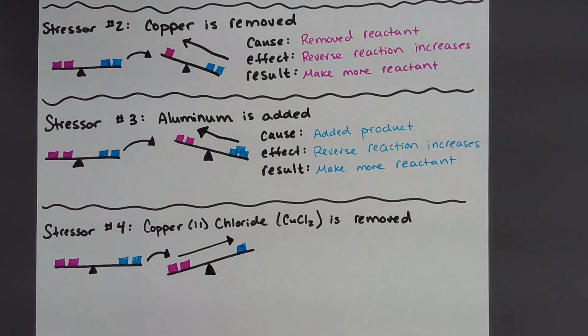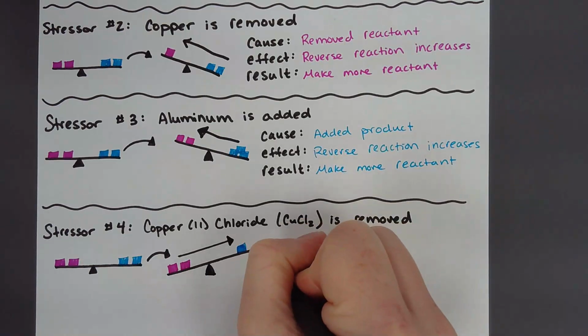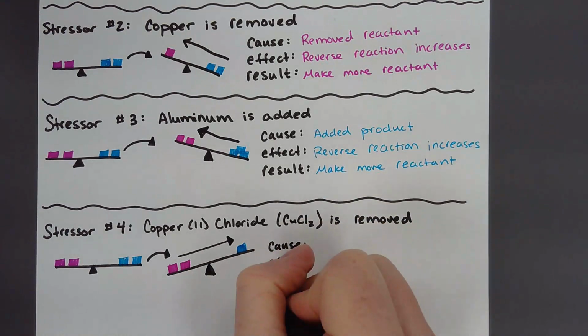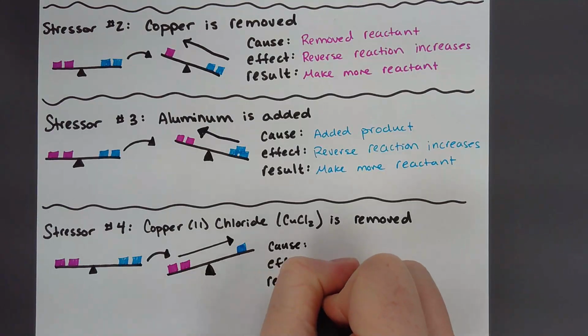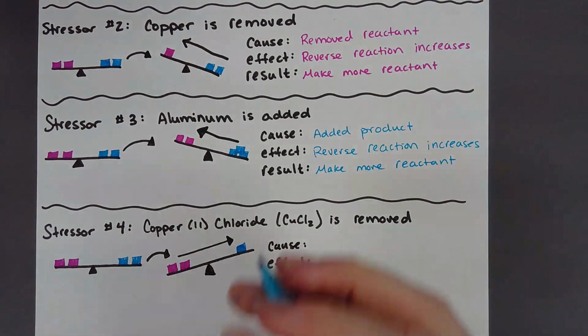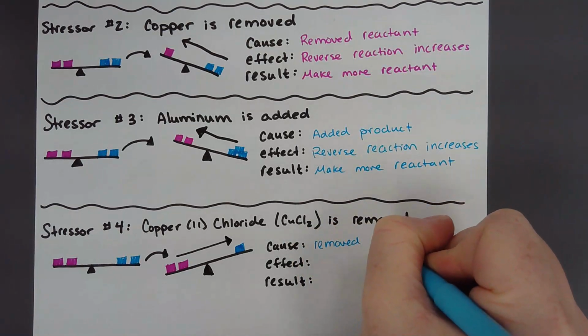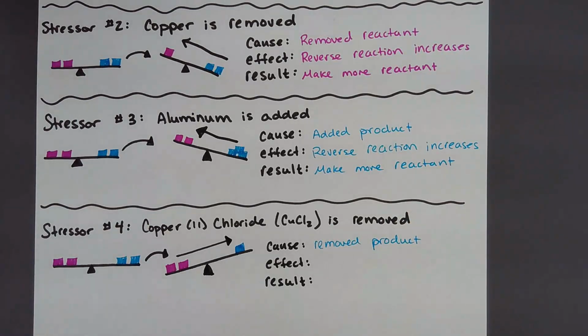And now I can identify my outcomes for my cause, get my effect, and my net result. So what did I do here? This time I removed. What did I remove? I removed a product. What was my effect? We'll look at my arrow.